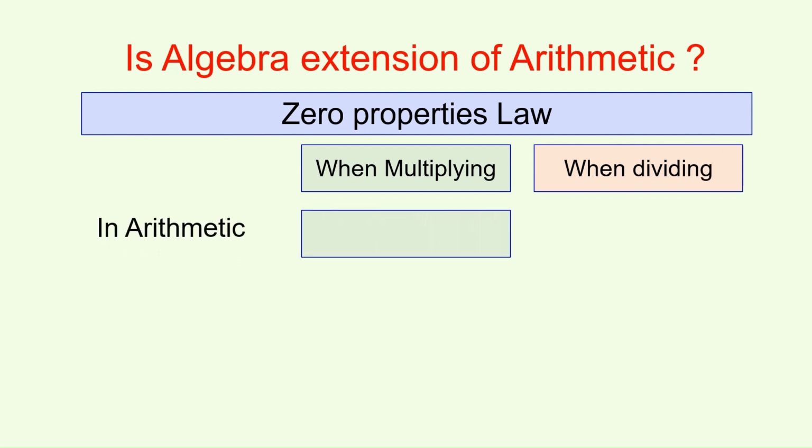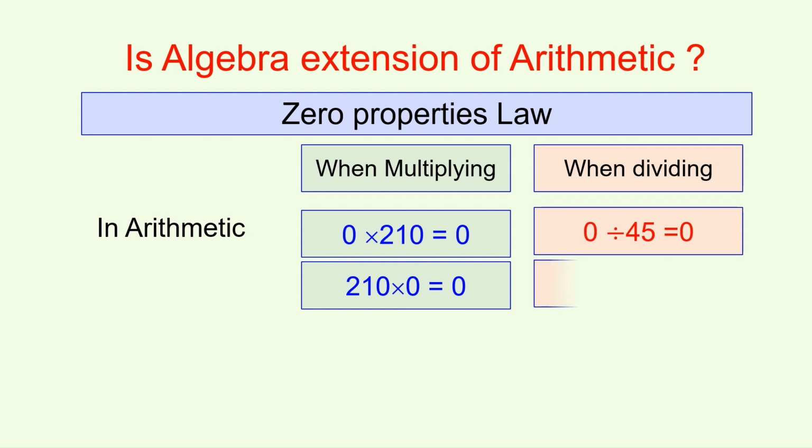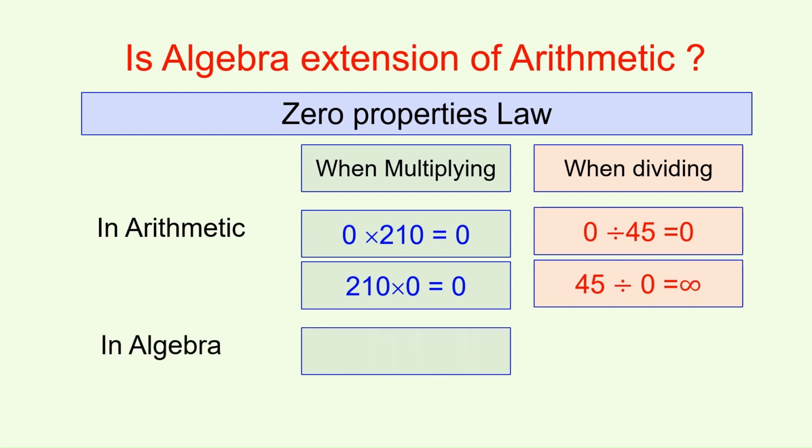In arithmetic, when 0 is multiplied by 210 or 210 is multiplied by 0, the result is always 0. 0 times 210 is equal to 0. In arithmetic, when dividing, when 0 is divided by 45, the result is 0. When 45 is divided by 0, the result is infinity.